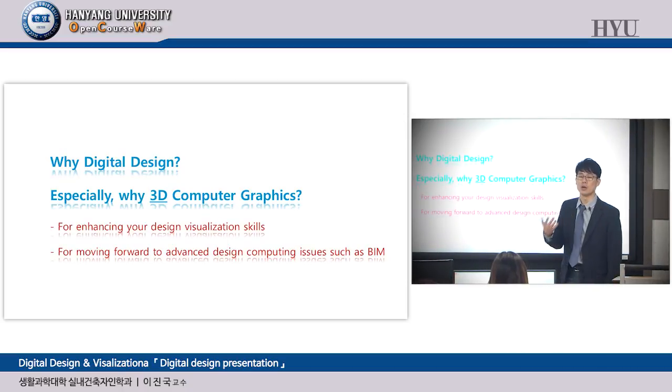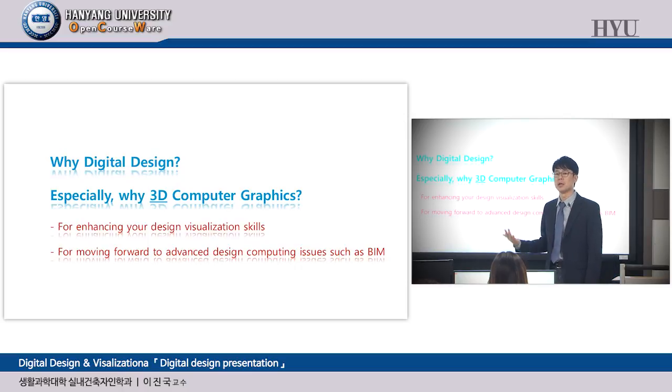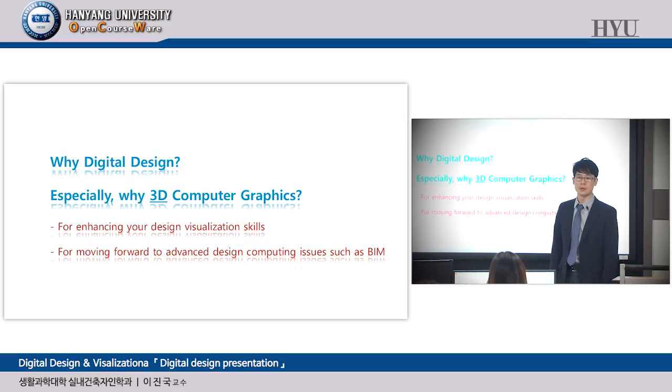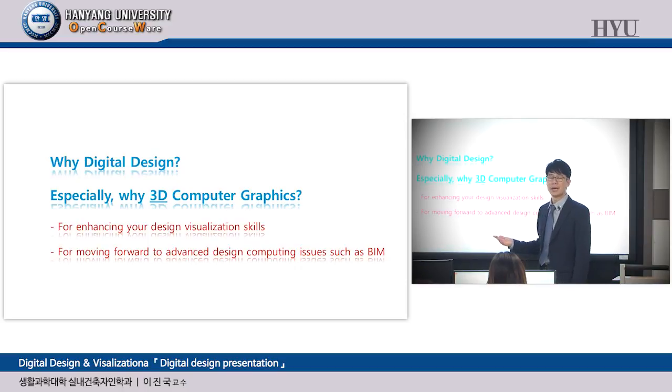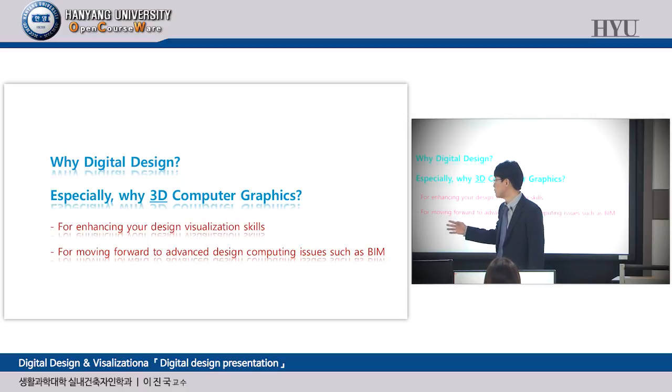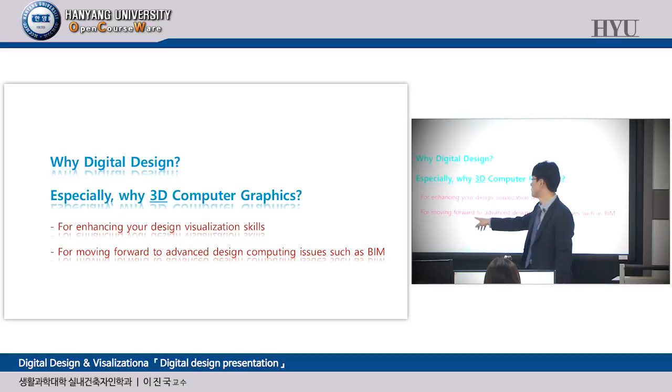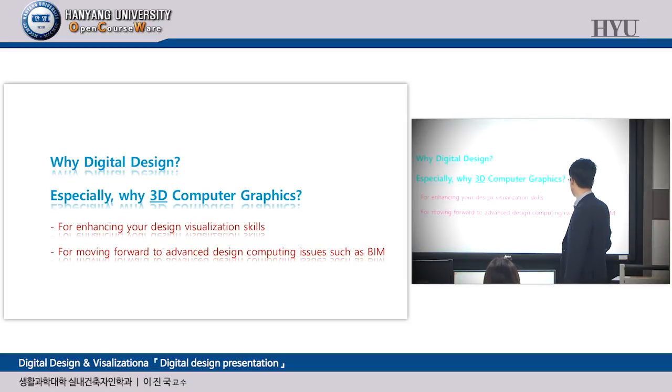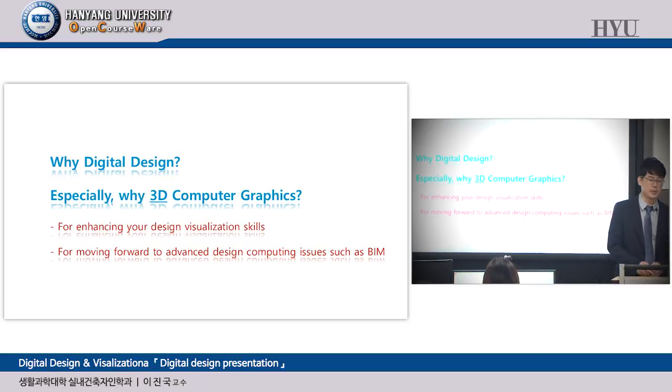Exactly why we are learning mental ray, V-Ray, lighting, material, some texture mapping, bump mapping, and lots of more things in geometric modeling and rendering techniques. Another big reason is for moving forward to advanced design computing issues such as building information modeling.